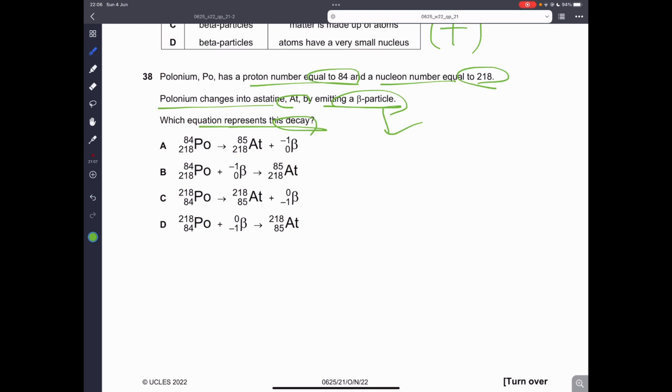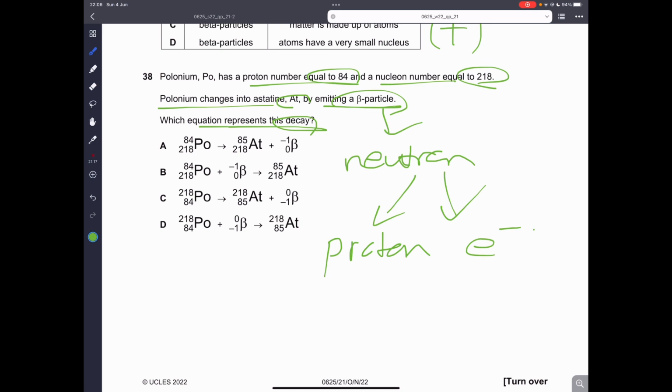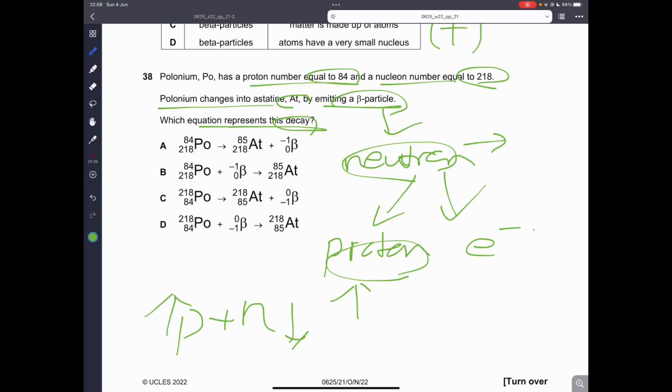Remember, a beta particle is basically a neutron that is so excited that it splits into a proton and an electron, and therefore the proton number is going to increase, but the mass number will still be the same because the neutron goes out and the proton comes in. Remember, mass number is protons plus neutrons. One of the neutrons goes out, one of the protons comes in, so there is no change in mass number.